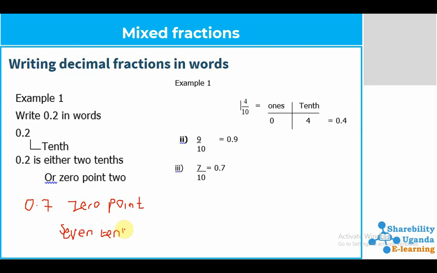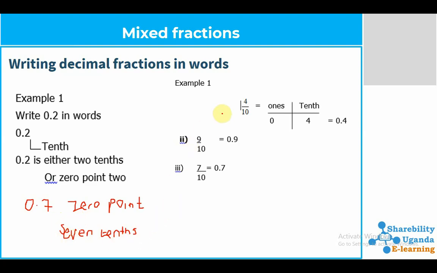The right spelling of what? The right spelling of tenth. I write it very badly, but you should be able to write it very well. So we can say that this is 7/10. That's how we can read decimal numbers in words.